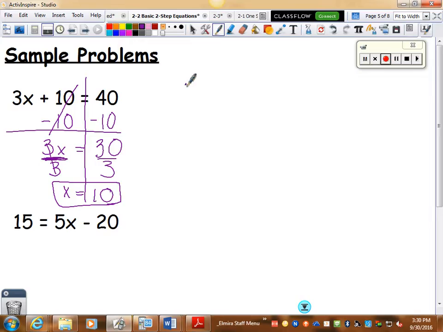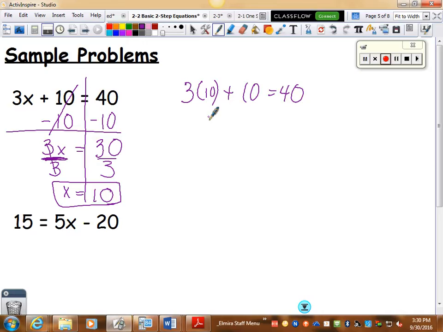Okay, now on your homework it says to check. Checking is just taking the answer you got, 10, and substituting it back into the equation. So the original equation said 3x plus 10 equals 40. Checking just means that I take the x out and I sub in times 10. Now you can use parentheses or you can use a dot.